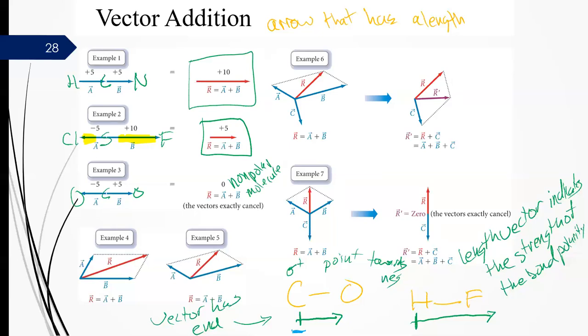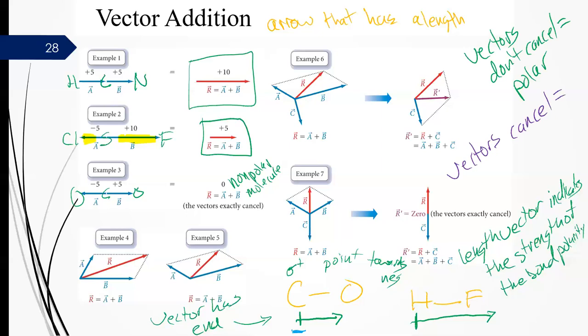And so anytime your vectors don't cancel, you're going to be polar. Whenever your vectors do cancel, then you're going to be nonpolar.